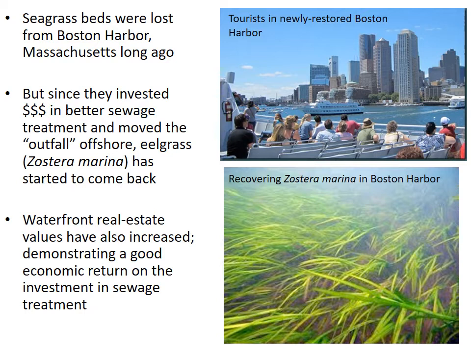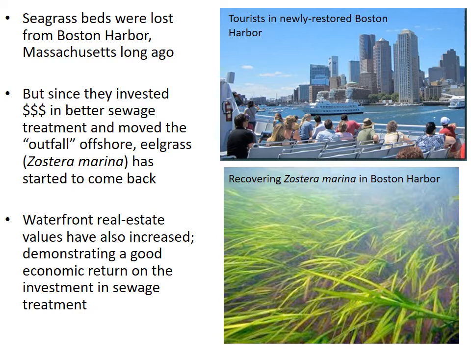And Boston Harbor in the northeastern United States is one of those areas. Boston Harbor was infamous for being extremely polluted. In fact, even though the city had a large waterfront, there were few homes or restaurants along the waterfront because it was such an unpleasant and actually dangerous place to be because of all the pollution in the water and the human pathogens from poorly treated wastes in the water.